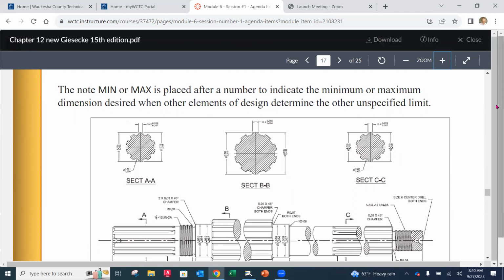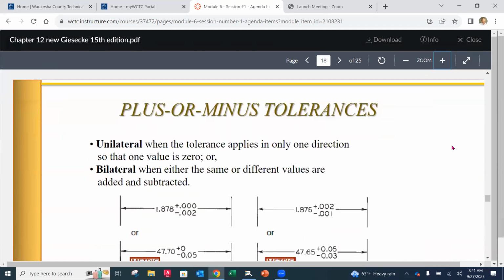Maybe they have the wrong thing called out here. Yeah, I'm not exactly sure what they're referencing here in terms of min and max, because on that drawing, as I'm looking inside, I'm not seeing any reference to a min or max on any of the dimensions, but that's okay. That's all right.